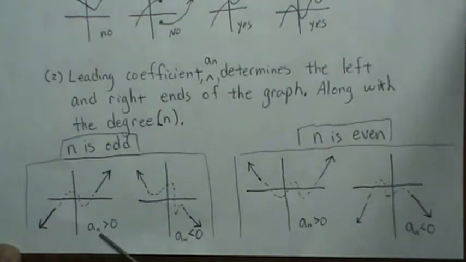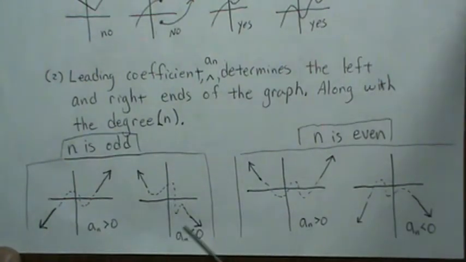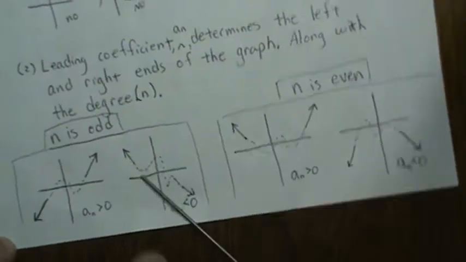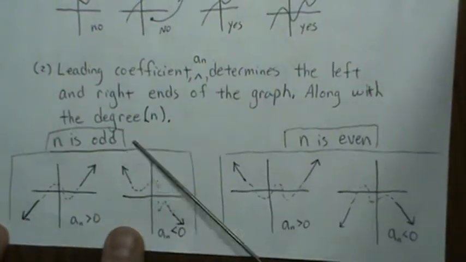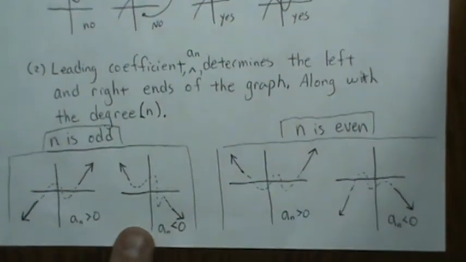And as we go more and more left, it goes down. If the leading coefficient is negative, then eventually it goes down to infinity on the right, and as we go left, it goes up to infinity.